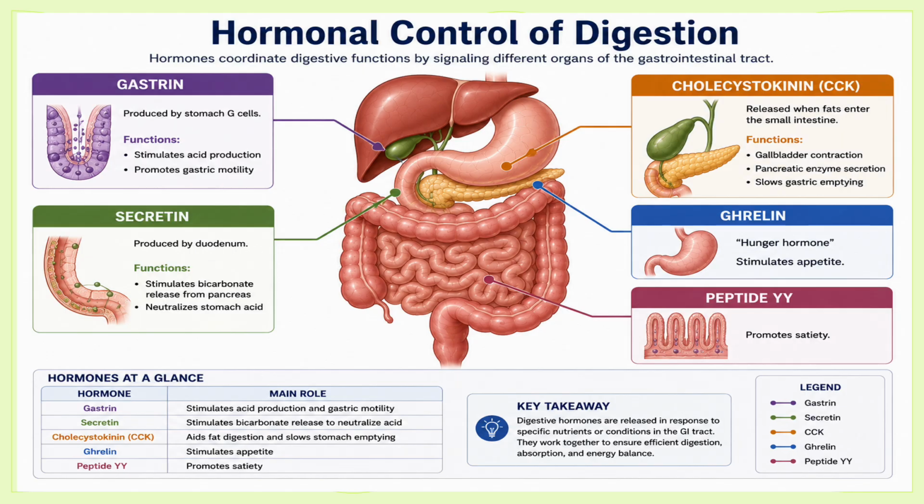Next is secretin, which is produced by the duodenum. When the acidic chyme enters from the stomach, now it leaves the stomach into the duodenum, this secretin stimulates the pancreas to release bicarbonate-rich secretions. This helps to neutralize the stomach acid because remember, the stomach acid is very low in pH and very acidic.